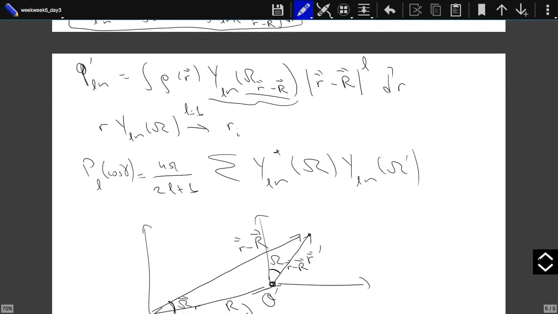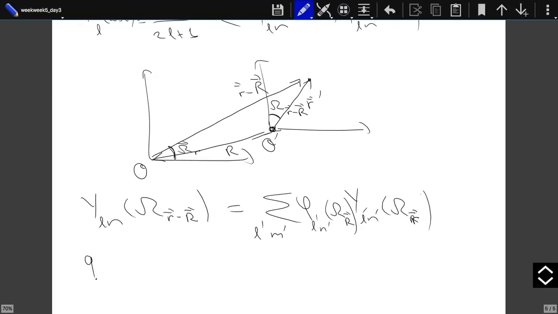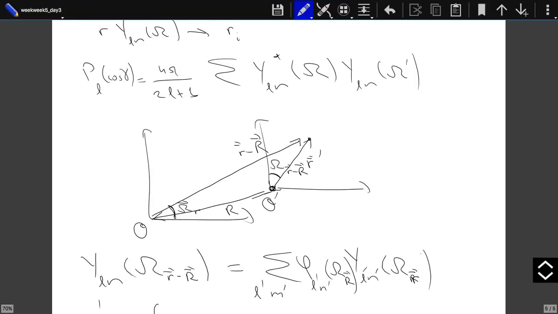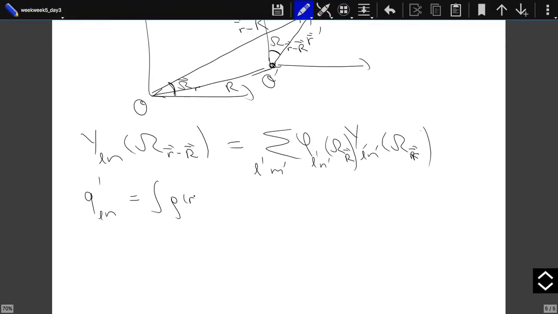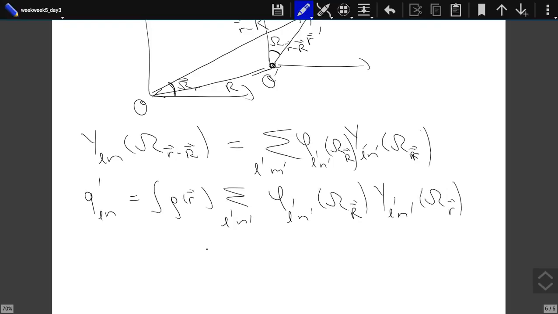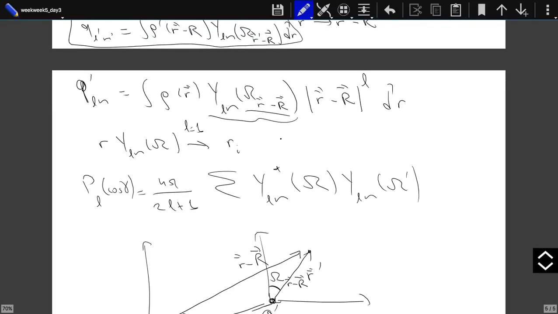Now, if we write it in this form, Q_LM prime will be equal to rho of R, sum over L prime M prime, this phi L prime M prime, which I have no idea what they are, Y_L prime M prime of omega R, times, well, let's see, this r minus R to the L. I can write it as a Taylor expansion in terms of R to the L with functions that will depend on the large R and gamma, the angle between small r and capital R.